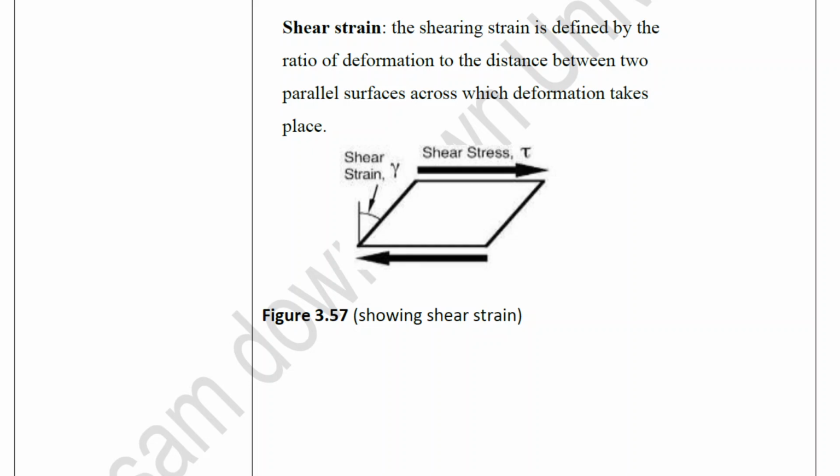If the bottom part is fixed and you try to move only the upper part, there will be an angle gamma. That kind of deformation is known as shear. Shearing is like tearing: one part remains stable and the other part is moved. So this will call for shear strain, and in this way we define shear strain.